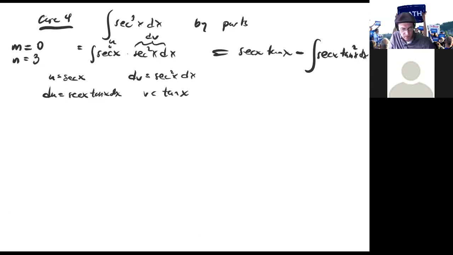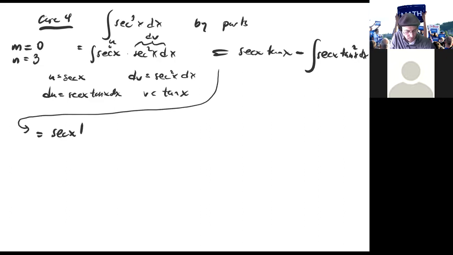Okay, so now let me rewrite this by coming down over here to make it a little more legible. So what I'm going to do is replace the tangent squared x by the trig identity, which says that tangent squared of x is secant squared x minus 1. So this is the effect of doing that.